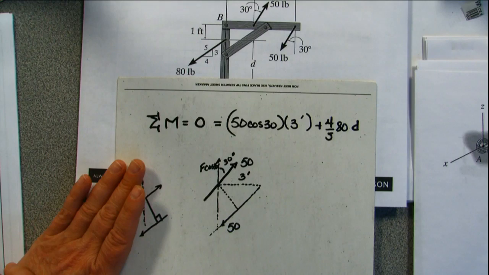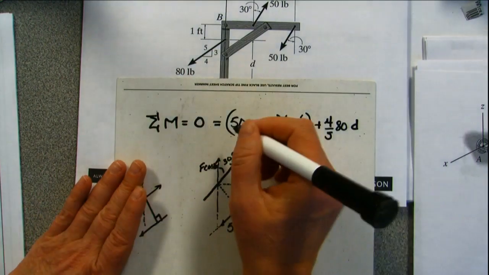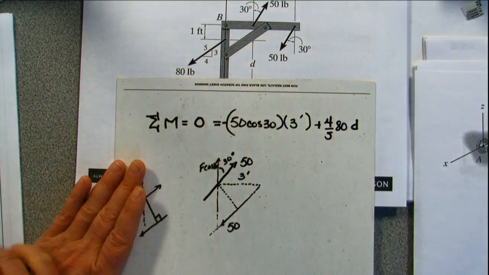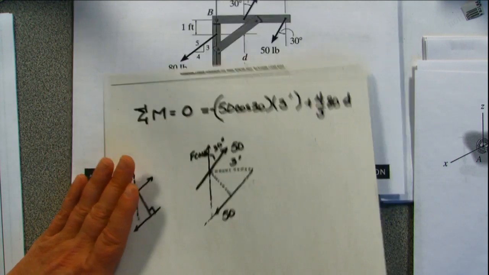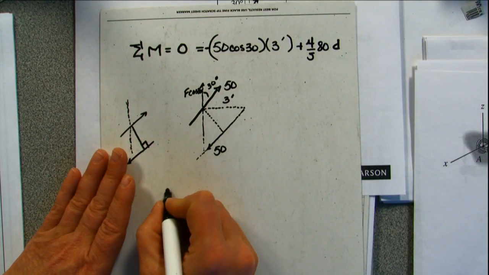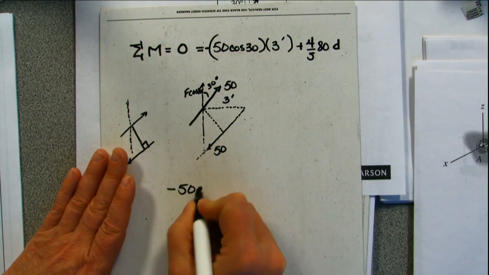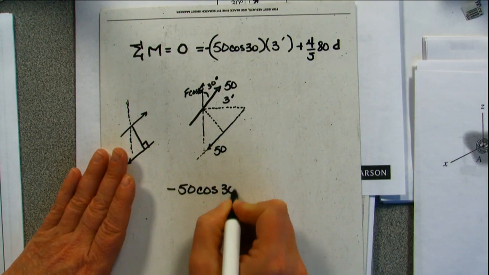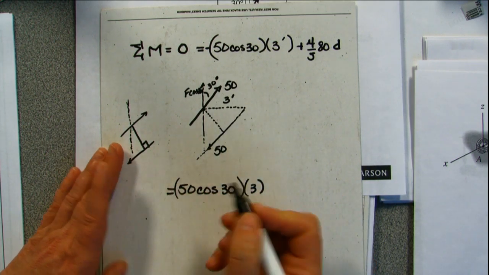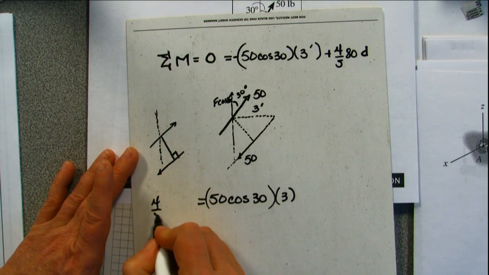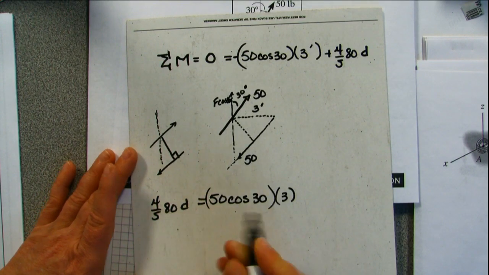Should our 50 cosine of 30 be negative because it's clockwise? Yep, you're correct. Then we just do 50 cosine 30 times 3, equals 4/5, 80 times d.